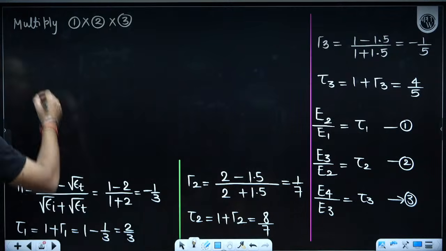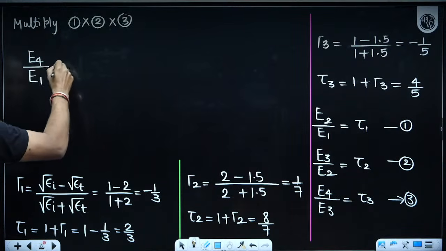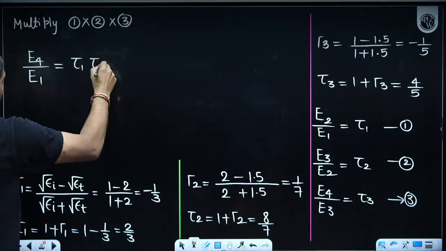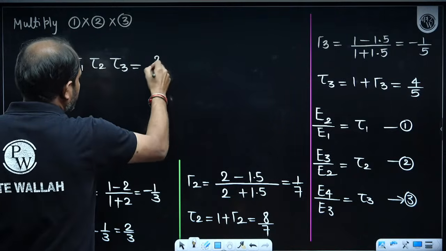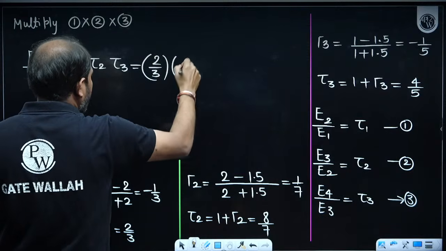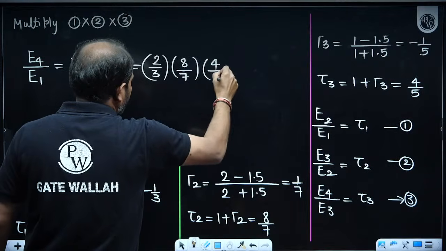E3, E3 will be cancelled out. E4 by E1 is tau 1, tau 2, tau 3. Tau 1 is 2 by 3. Tau 2 is 8 by 7. And tau 3 is 4 by 5.